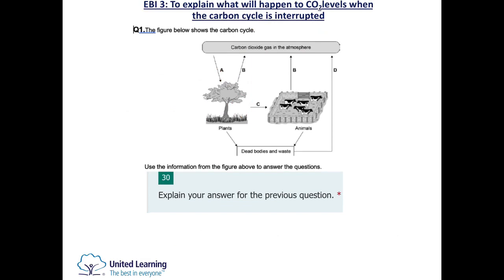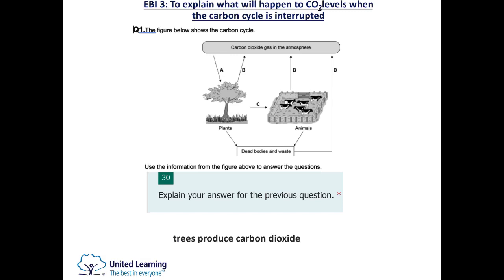Okay, so the next part of the question, which I've kind of already answered, is to explain the answer for the previous question. And not many of you actually answered this or have given a reasonable answer. I'll show you one answer that I've got, which is: trees produce carbon dioxide.